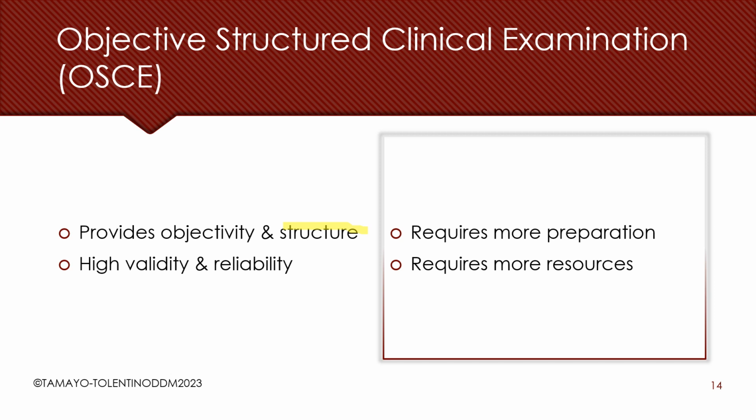The downside of OSCE is that it requires more preparation. The development of the stations, the construction of the rubrics, the training of examiners, and standardized patients if they are to be used. All of these require skills, time, and resources. OSCE is resource intensive because it requires multiple examiners and standardized patients also.